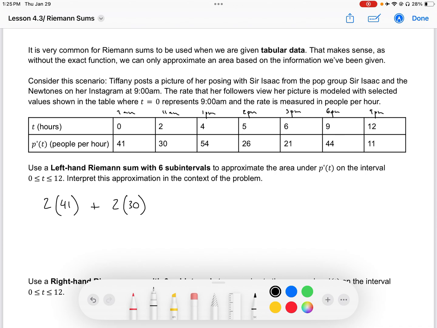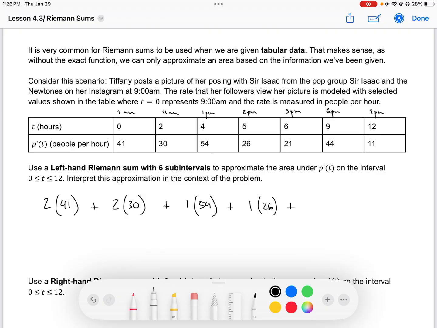Okay, from 4 to 5 is a time of 1 hour, and we're going to use 54 people per hour. Again, from 5 to 6 is 1 hour, and we're going to use 26 people per hour because it's on the left side of this subinterval right here.